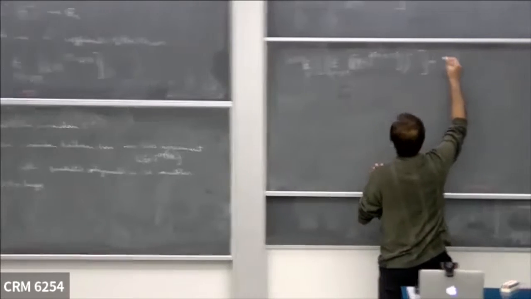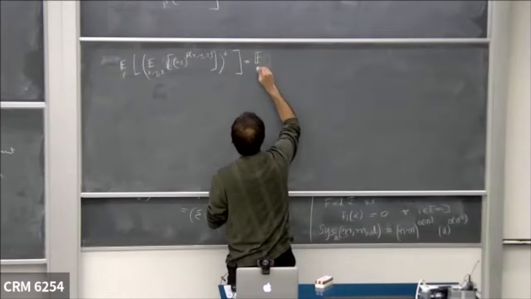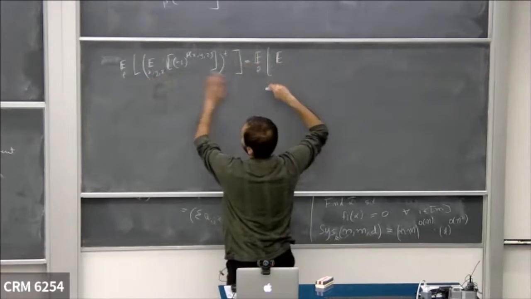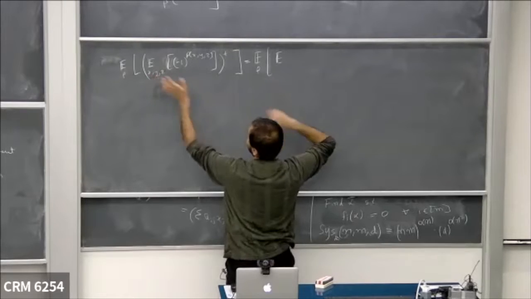So this is the expectation over P, then the expectation. Opening it up means making T different copies of this, each with a different index i, and multiplying them out.